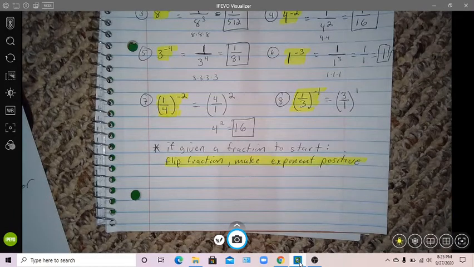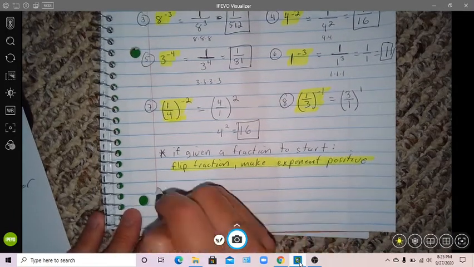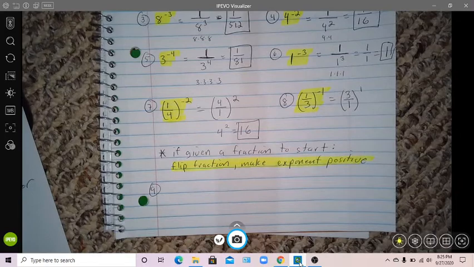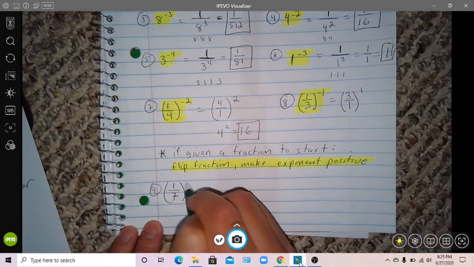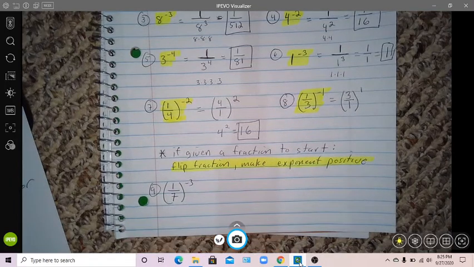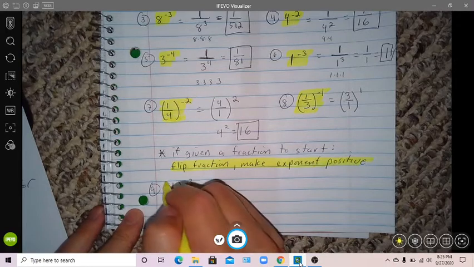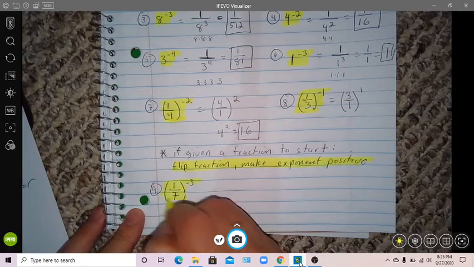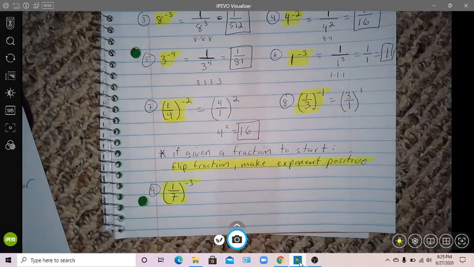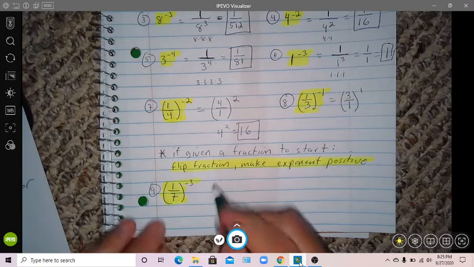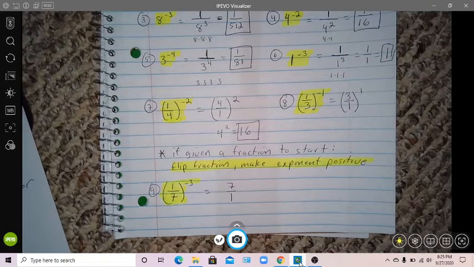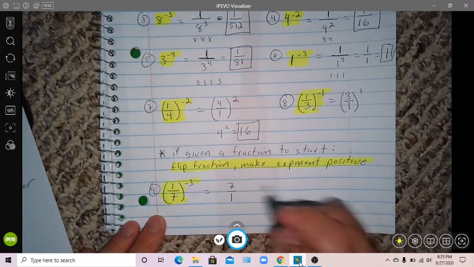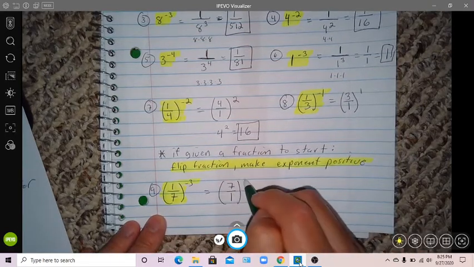Alright, so let's do one more example here. Let's do 9. You might be given 1 over 7 to the negative 3 power. That's what you have to start. If given a fraction to start, flip the fraction, 7 over 1. Make the exponent positive, to the 3rd power.